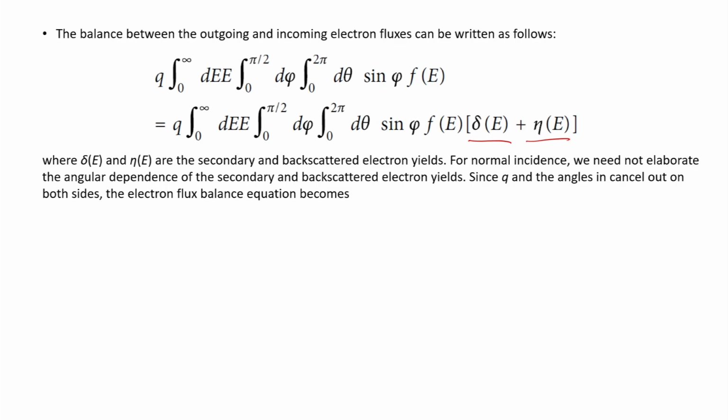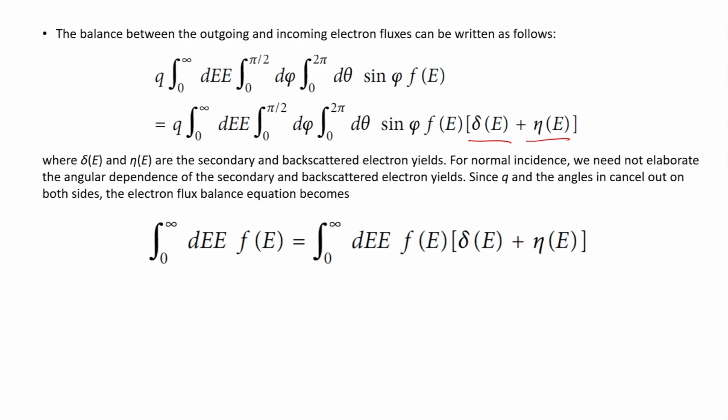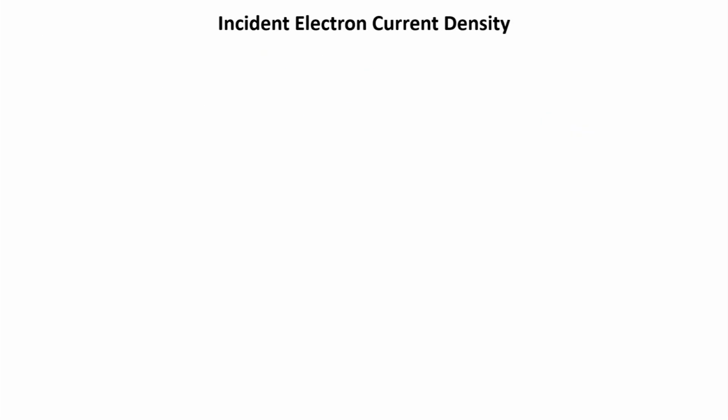And then if I consider normal incidence, this equation will become like that, because the angle term will go away. So, I can write this expression like that. Now, it is a closed form expression, you need to derive it using whatever formulae I gave you.